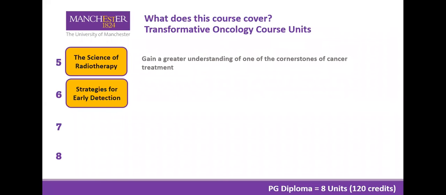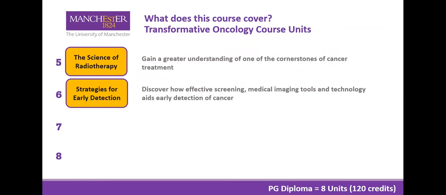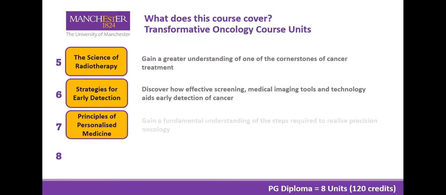Then we move on to strategies for early detection. And here we start to discover how effective screening mechanisms and the use of medical imaging tools and technology can really emphasise the advances in early detection of cancer. As we start to talk about the principles of personalised medicine, this is really about gaining a fundamental understanding of the steps that are required to realise precision oncology.